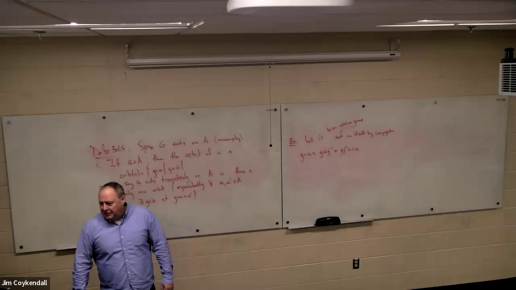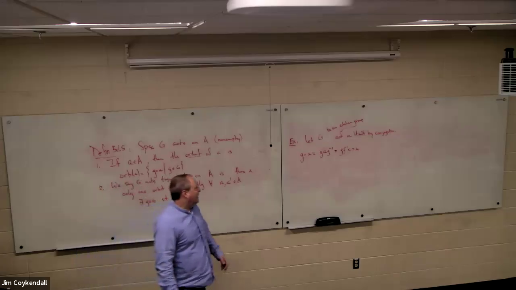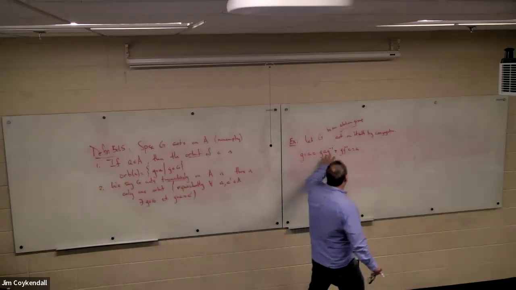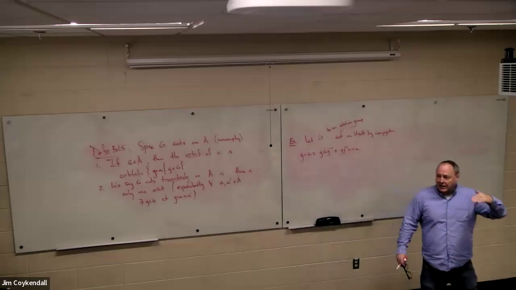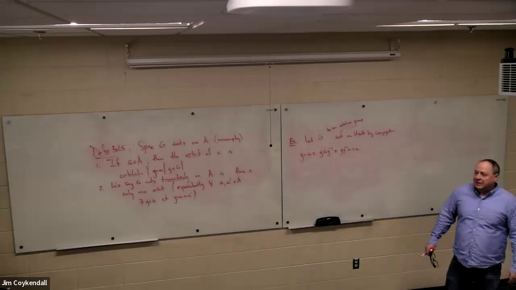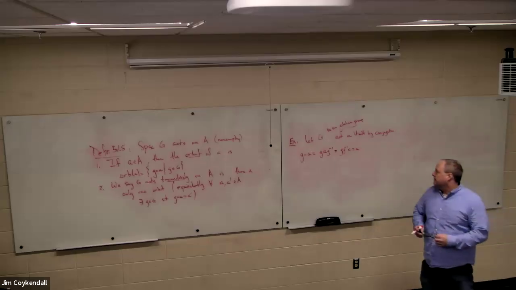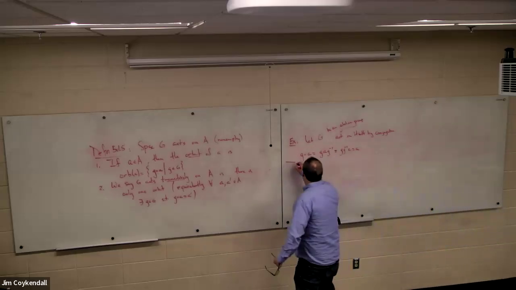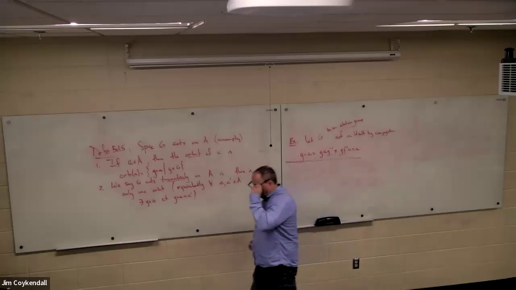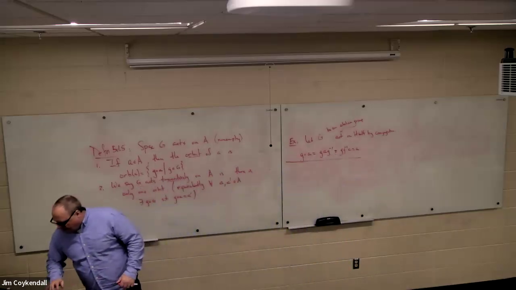So the only way that this can be transitive is if the group is only the identity, right? Because if the group has more than one element, then there's no way that you can have just one big orbit, right? Everybody okay with it? Okay.